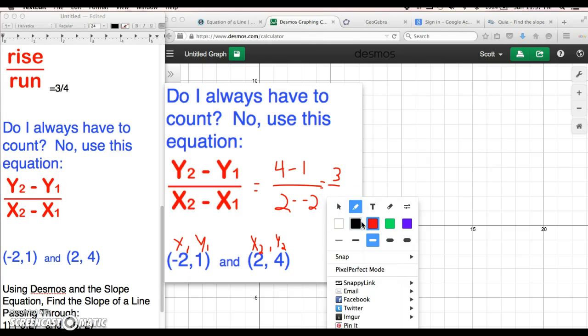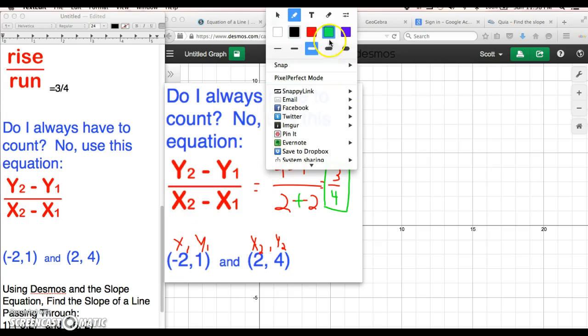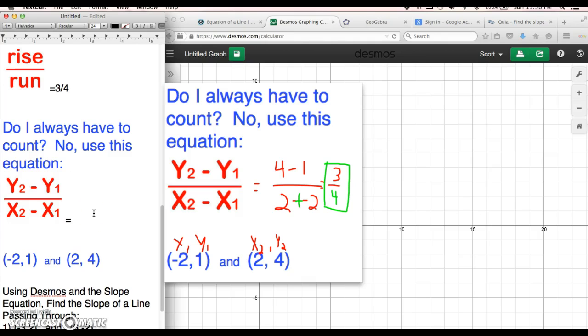Always remember that. So these double negatives turn into a plus sign, and that is 4. 2 plus 2 is 4. Look at that, we get the exact same answer: 3/4. I'm going to come over here, reaffirm, 3 divided by 4.